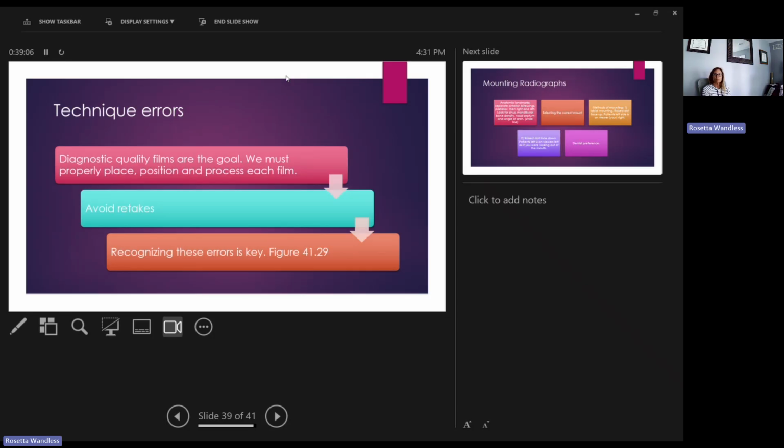We must properly place the film in the right area, position the PID in the right area, and process, if we are processing, each film accordingly without any errors that we saw in the last couple of chapters. We want to avoid retakes, and recognizing these errors before they happen is key.